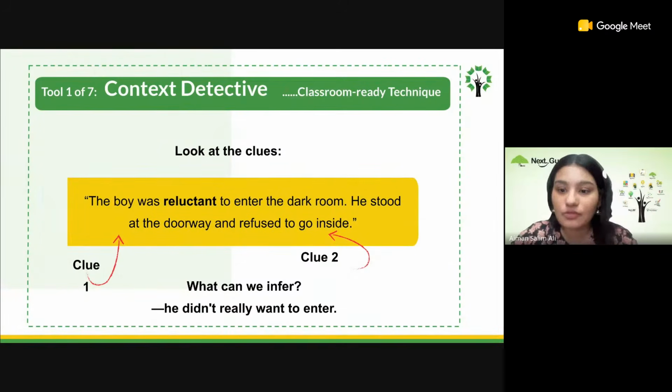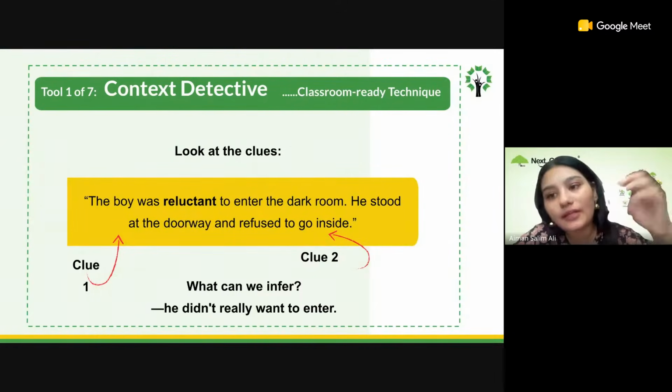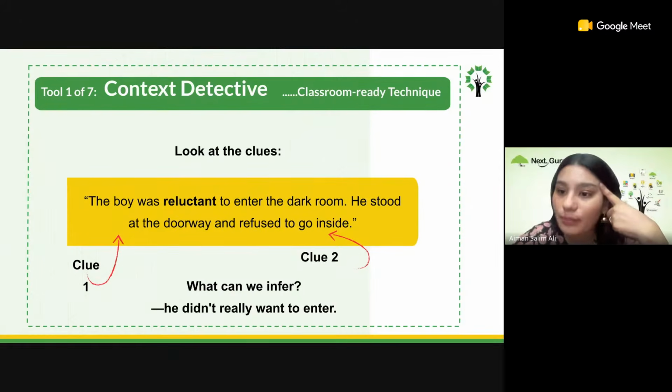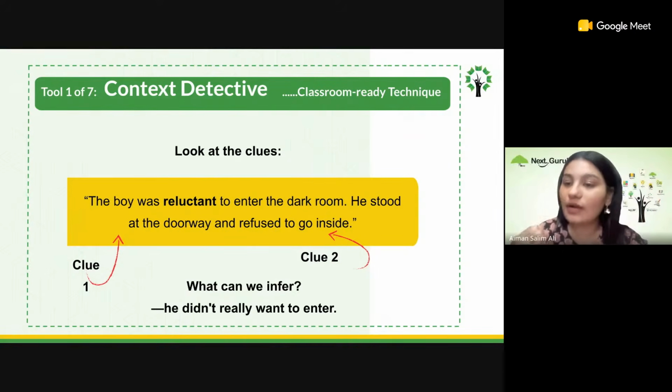So using these subtle clues, we might not have arrived at the definition, but what we are actually doing here is building thinking habits in our students, which is very important for comprehension. And the second thing is we are deriving clues from elsewhere to find out the meaning of that one word that I don't understand.